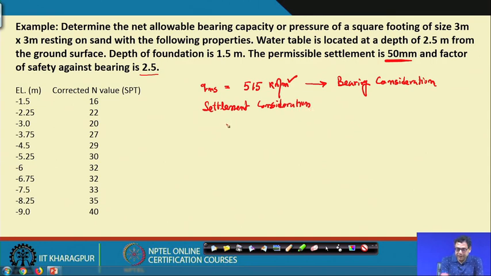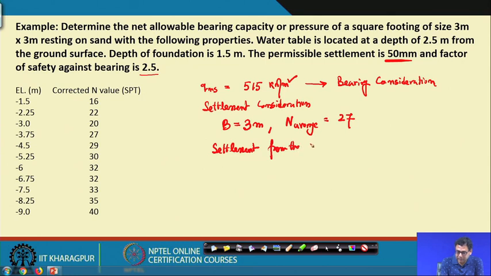we are getting that for the width of foundation equal to 3 meter, we have the N average as 27, and the corresponding settlement from the chart was 10 to the power minus 2 meter for 1 kg per centimeter square.